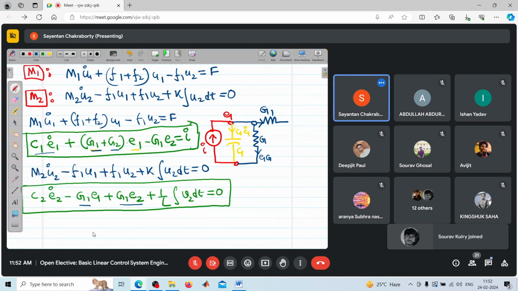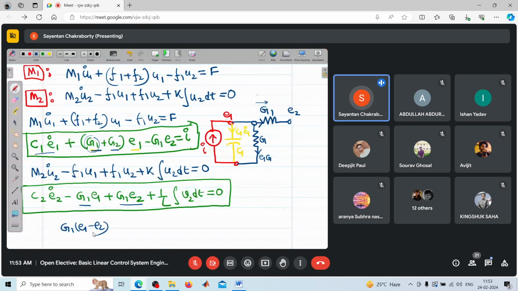Basically, the current flowing through this, if we write down, is G1 into E1 minus E2, right? So if you have a potential E2 like this, the current flowing through this will be that, so that constitutes this part. Okay, so this is already covered up.